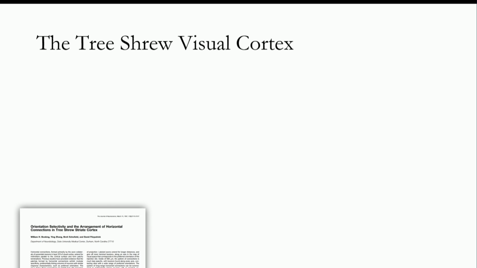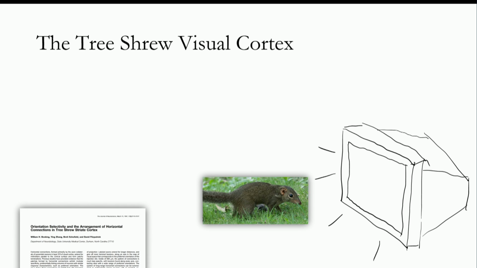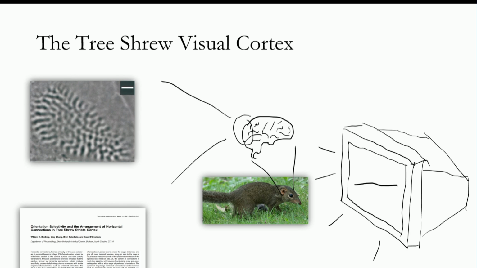Okay. Now the next thing. There's a paper by Bosking and others, and they analyzed the visual cortex of a tree shrew. This is a tree shrew. And they made it watch TV, in a sense. And it was really boring TV, because they made it watch a line segment. And then they looked at the brain, at the visual cortex, and they watched the activation of the cells there.